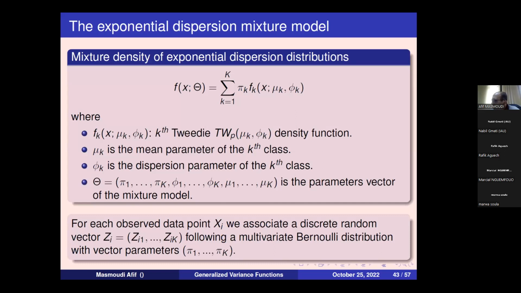Now we introduce the finite mixture of 3D distributions, with the density given by the following sum. So here Fk is the k-th 3D density function, phi k is the dispersion parameter of the k-th class, and the proportions sum of course to 1.